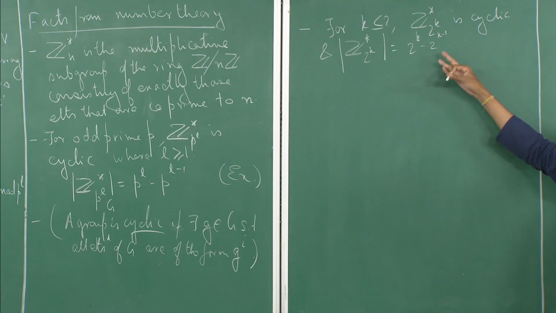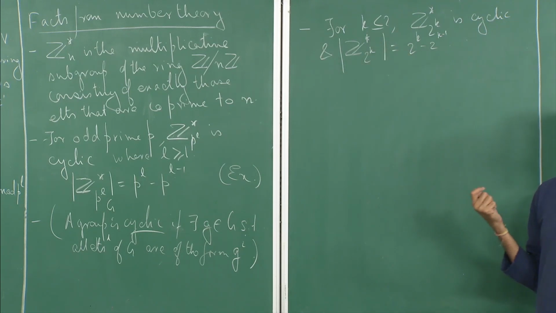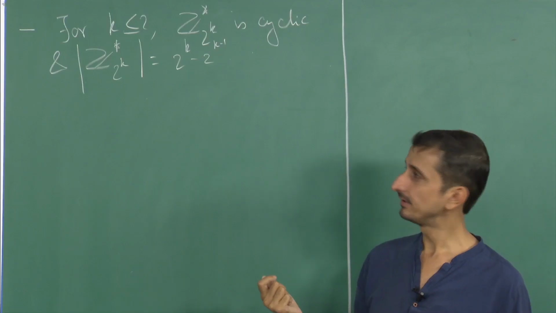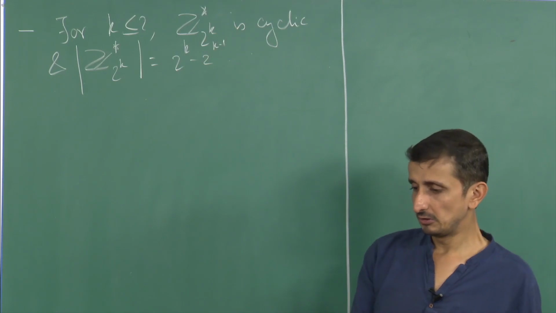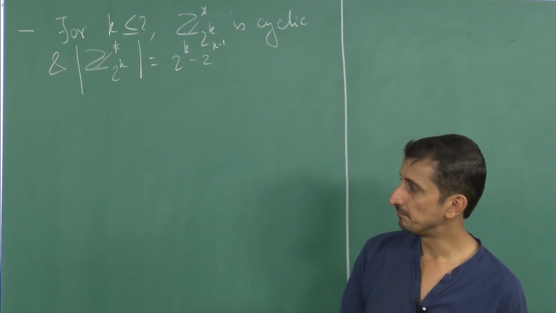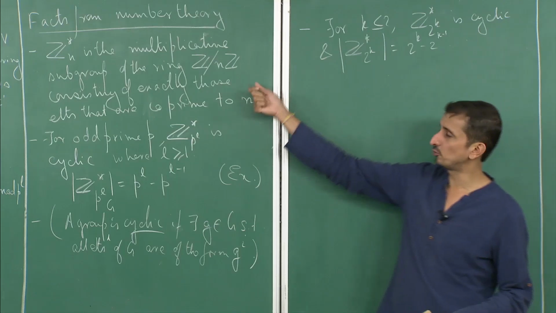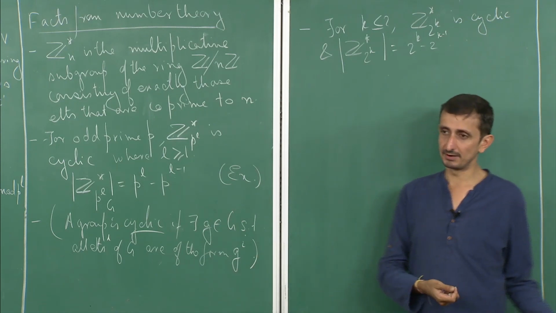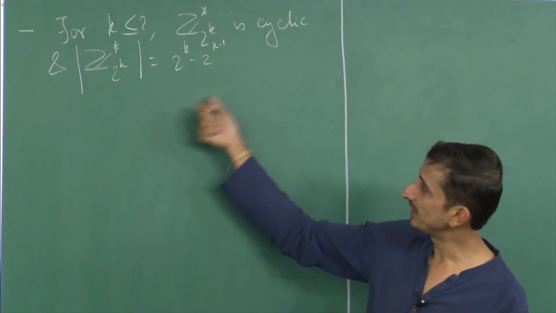This is actually very trivial to see. When k equals 1, what is the group? It is just the identity, it has a single element. 2 to the power 1 is 2, so the elements in Z mod 2 are 0 and 1. 0 is not in the multiplicative group, since 0 does not have an inverse. So the only element is 1.